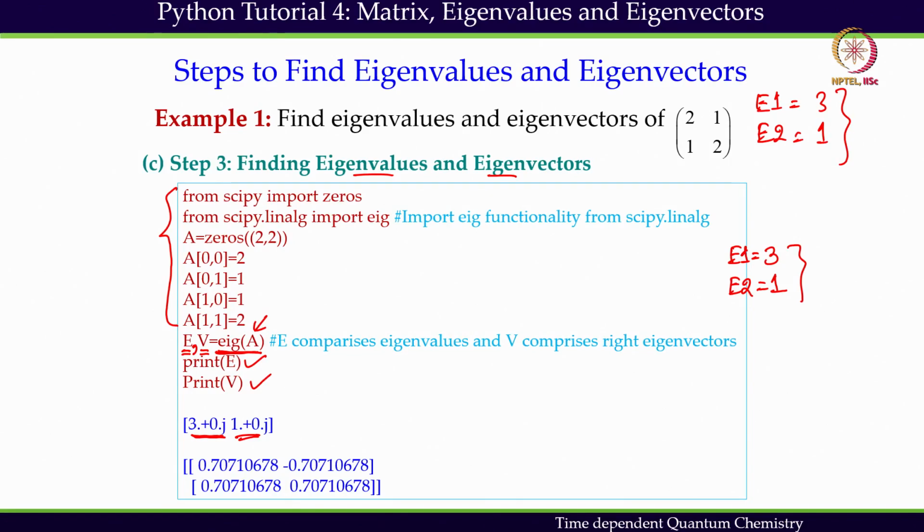And corresponding to the eigenvalues, we see that the eigenvector is presented again in array form. This is another array which has been given.